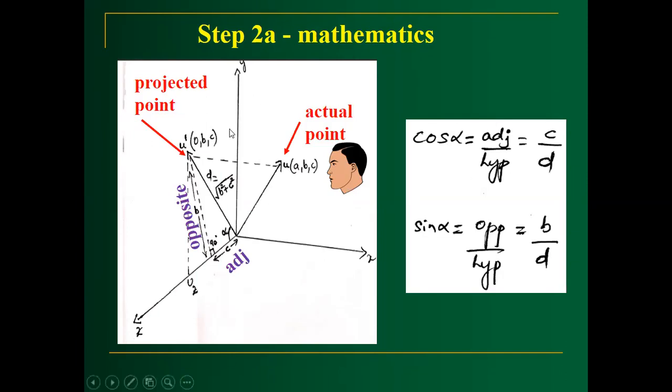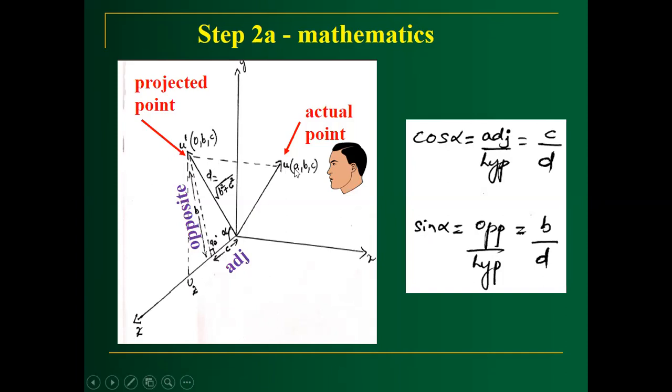Now what we need to do is bring this u to the xz plane. It will not come as such. The viewer will be viewing this u from this angle, so this becomes the actual point. Whenever you view this u vector from this angle, you will see the projection of u somewhere here. Let us call that u dash.